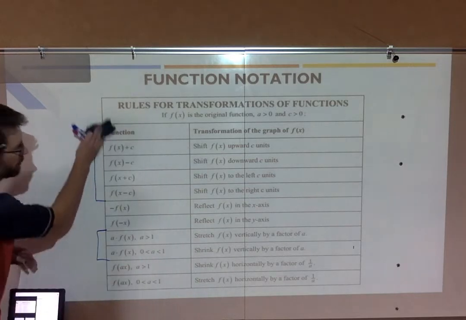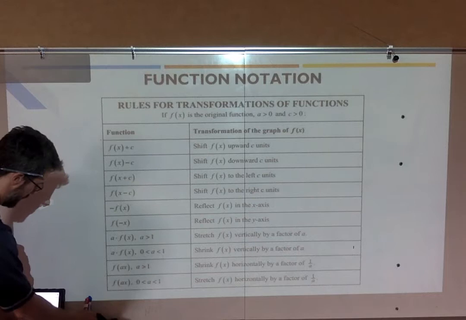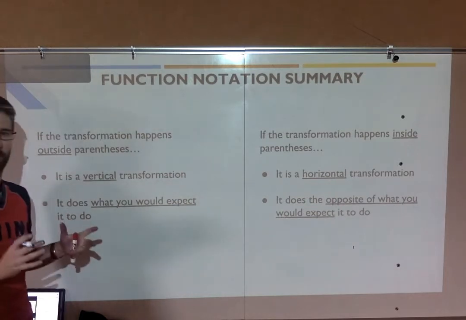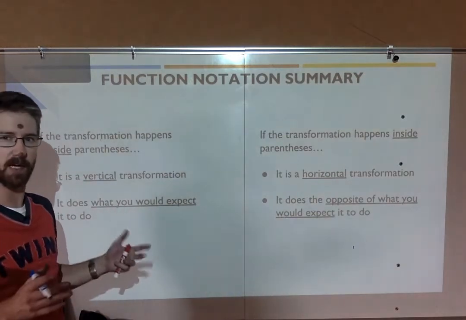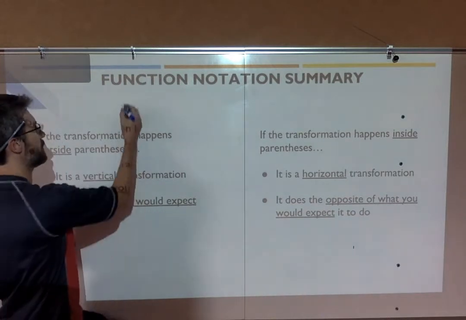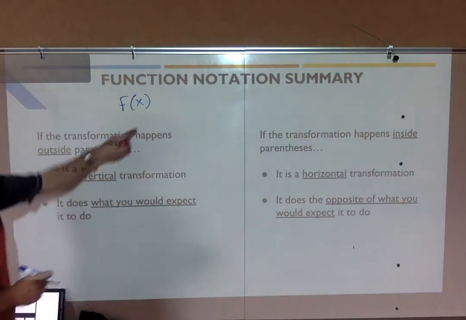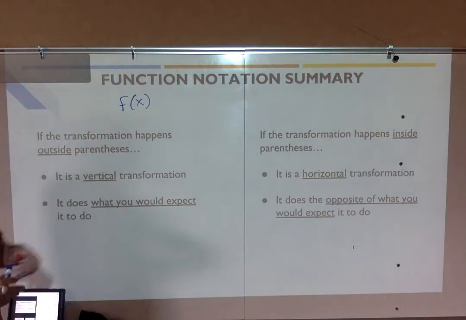With these transformations, what we want to look at is what's happening inside the grouping symbol or parentheses and what's happening outside of it. If we talk about f of x, the input is inside the parentheses.